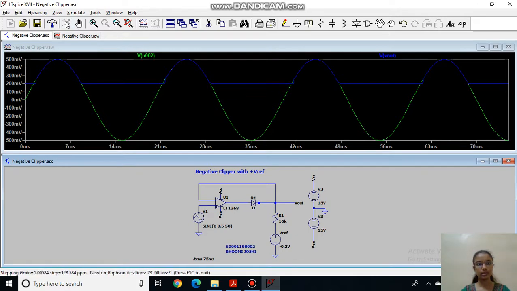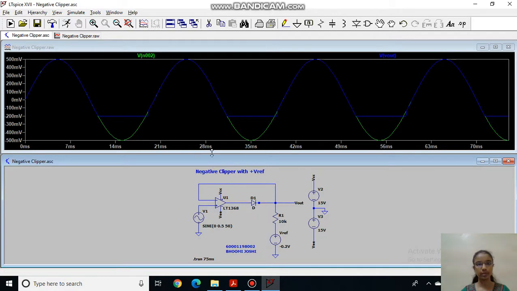So now let us run this. As you can see, this is my input wave and this is my output wave. The output is clipped at 0.2 volt. So in this way, the third part is completed.